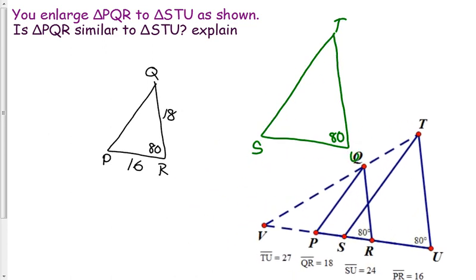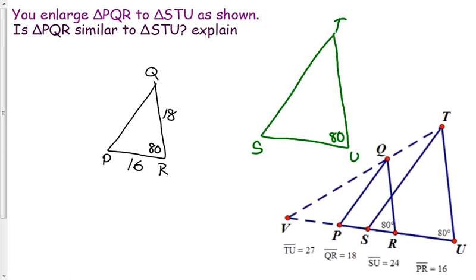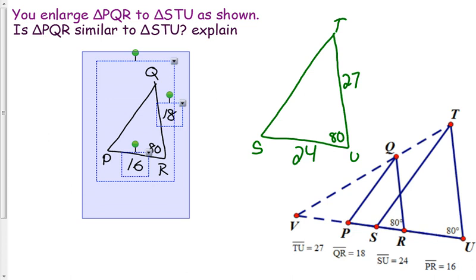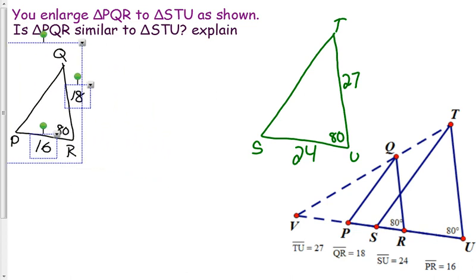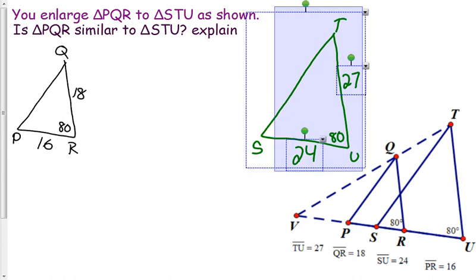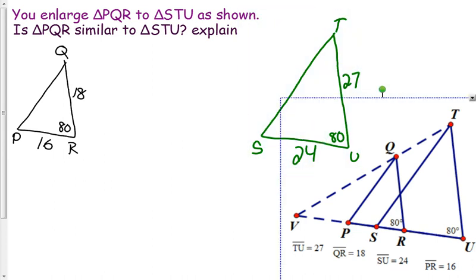Again, we're going to pull away. We have that SU is 24. And TU is 27. So we have this, the black triangle, and this, our green triangle.